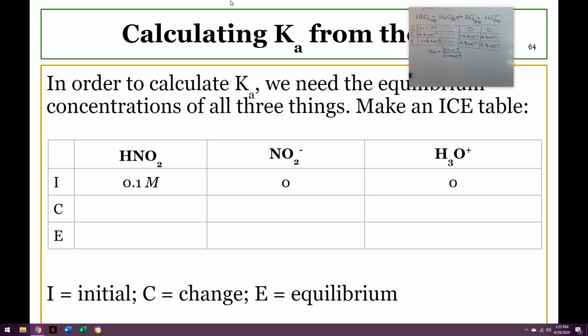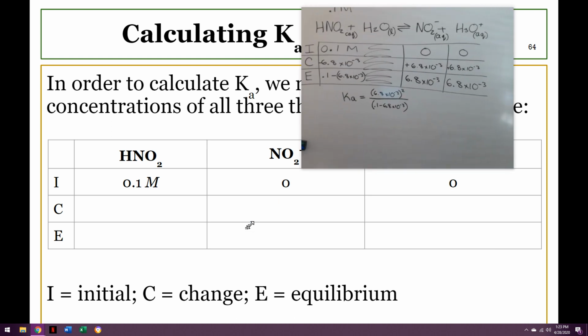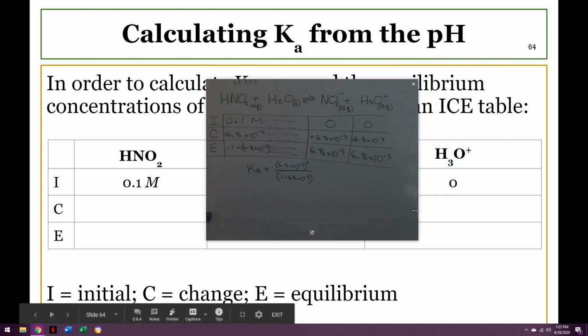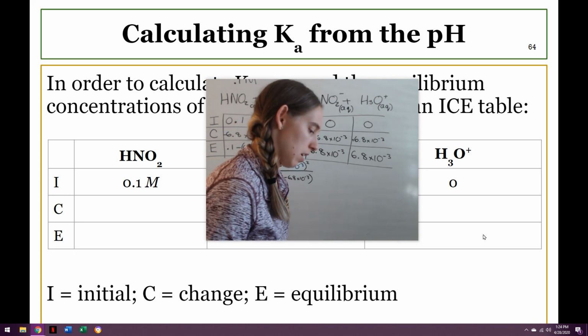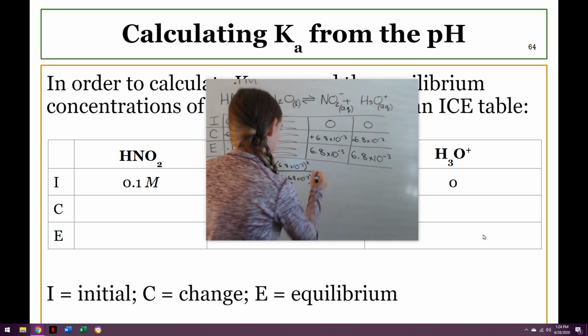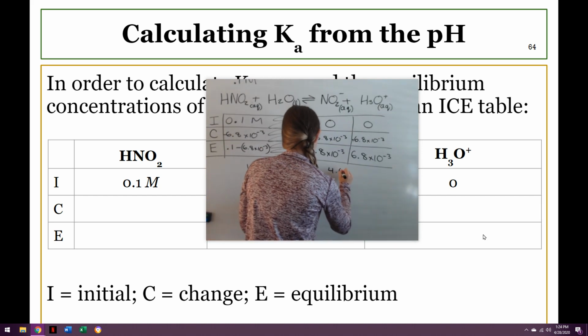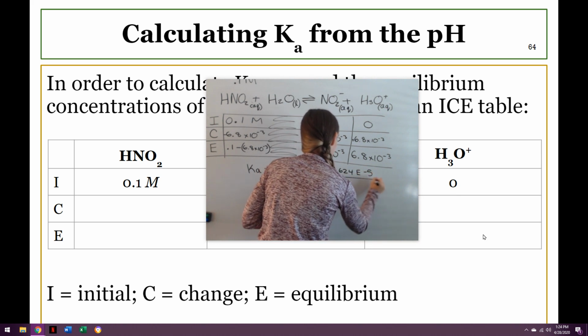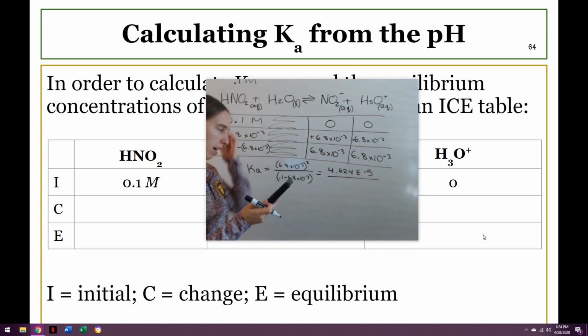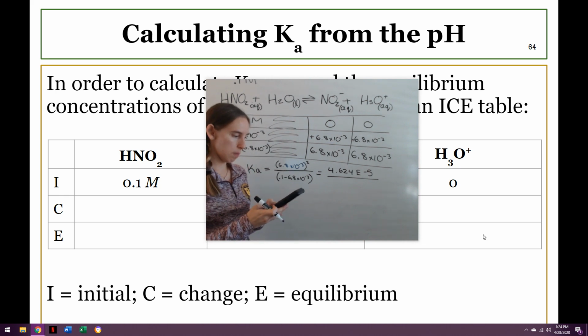So let's go ahead. I will make this larger so you can see it, and then let's calculate that out. We've got a lot of parentheses we need to use here to make sure we get the right number. So I have 6.8 times 10 to the negative 3 squared. That gets me 4.624 e negative 5, e meaning times 10 to the, and there's your exponent, negative 5. And then we've got 0.1 minus 6.8 times 10 to the negative 3.